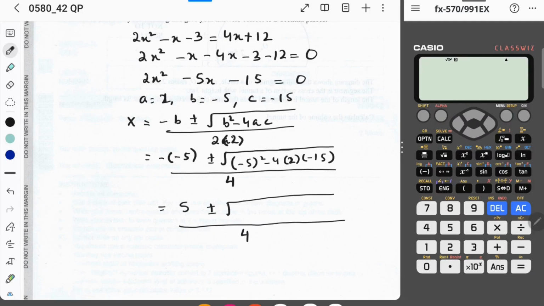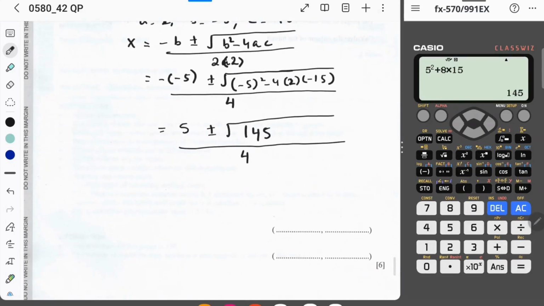So this is 5 square, which means 25, minus into minus is plus, 8 into 15, equals 145 upon 4. So you will have 5 plus square root 145 upon 4 and 5 minus square root 145 upon 4. There will be the two answers for x.